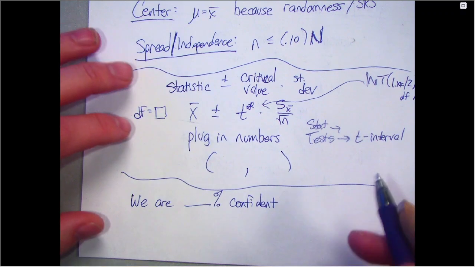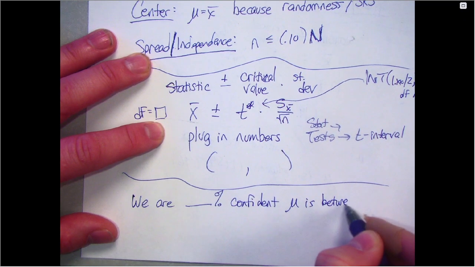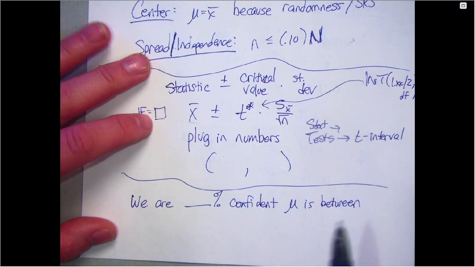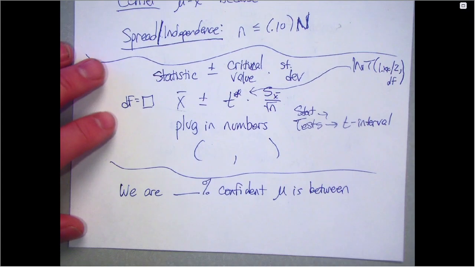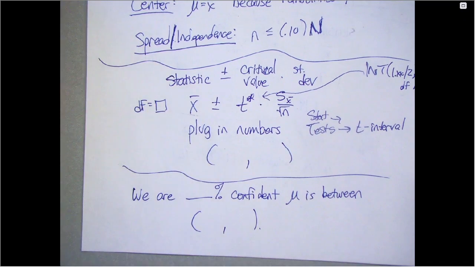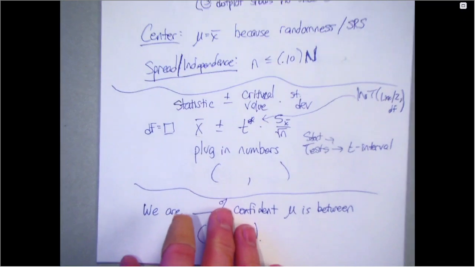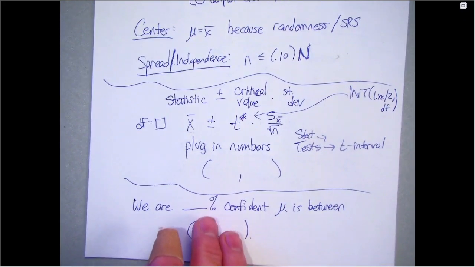But you could also shortcut it and say that mu is between whatever and whatever, because you already at the top said, hey, mu is the true population mean. So you can plug it in there. Questions on this at all?